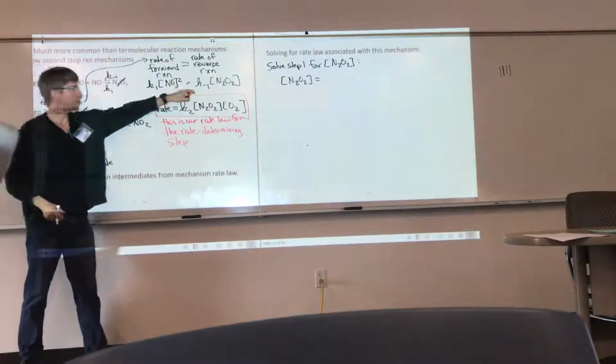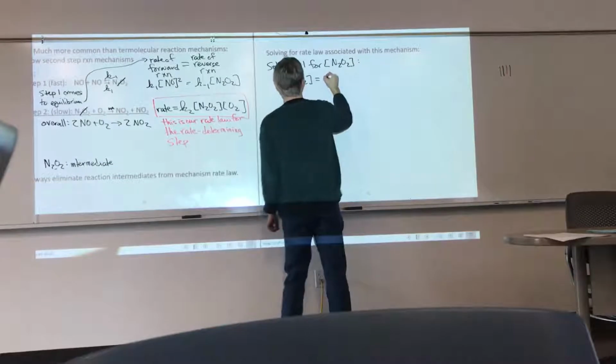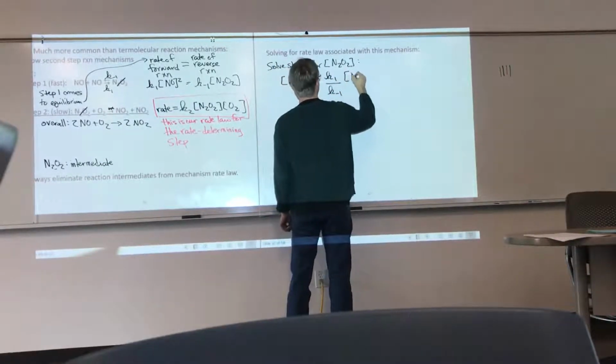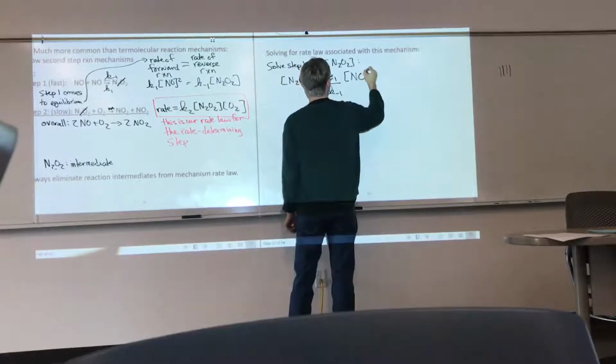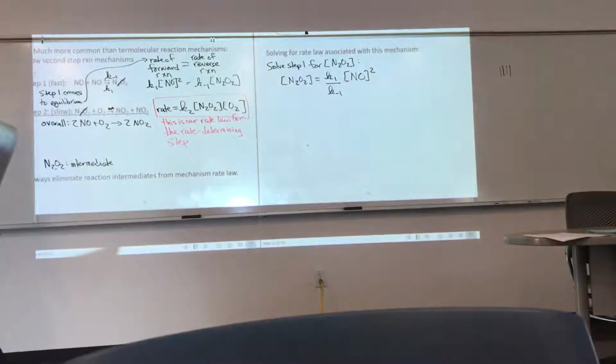That's going to equal, well, bring the k sub -1 to the other side. It's going to equal k1 over k sub -1 times the concentration of NO squared.